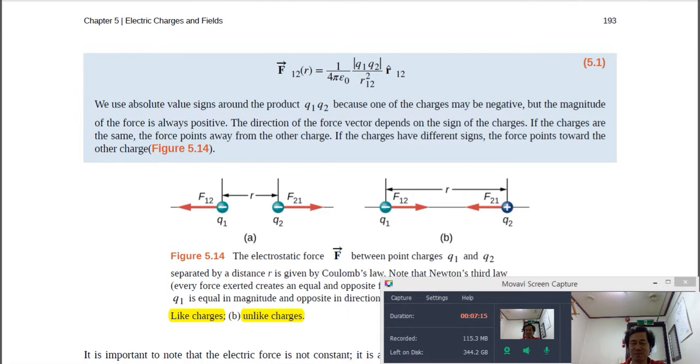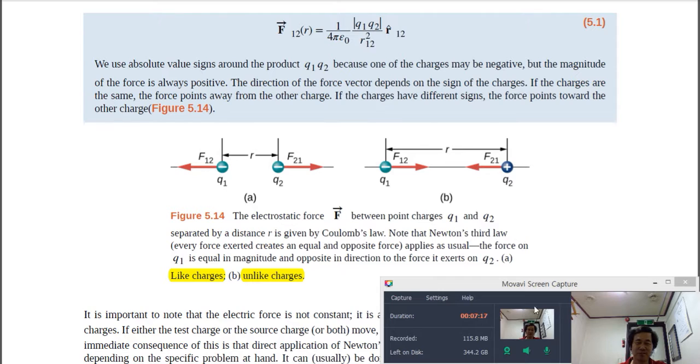And he notes that when two charges have the same sign, the force is repulsive, whereas for unlike charges, with different signs, the Coulomb force is attractive.